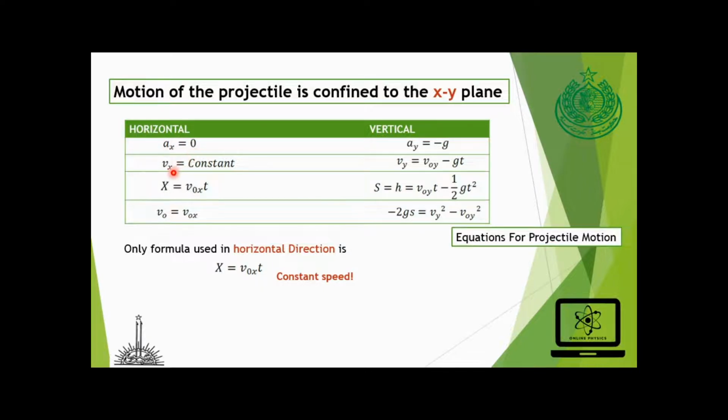ax is 0, vx is constant, x is equal to v naught x t, because we know that when the object is moving with constant speed, we use the formula s is equal to vt.